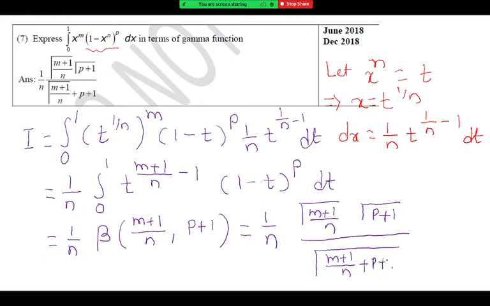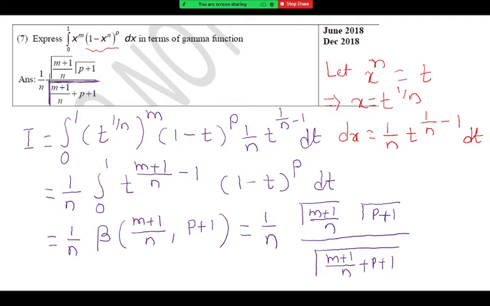This is the final answer here. In the answer also, this gamma should be from beginning to the end, so that is missed there. So this is the final answer, and we cannot simplify further.